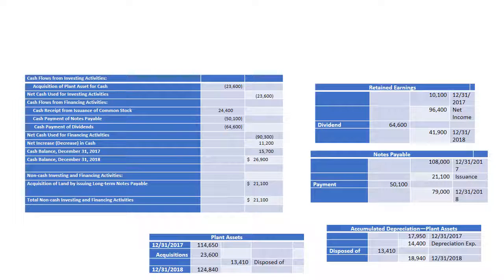So it increased $24,400. The only time this account will decrease is if they retire stock. And it says right in there, no retirements of stock have occurred. So the difference was additional cash brought in from the sale of common stock. So this increase in common stock also has an effect of increasing cash.